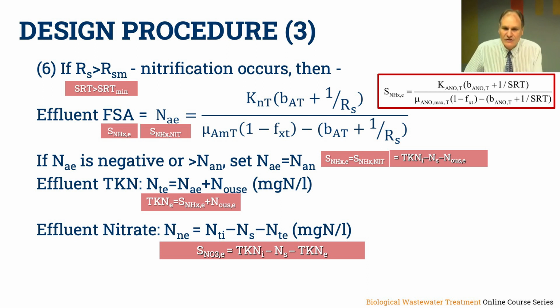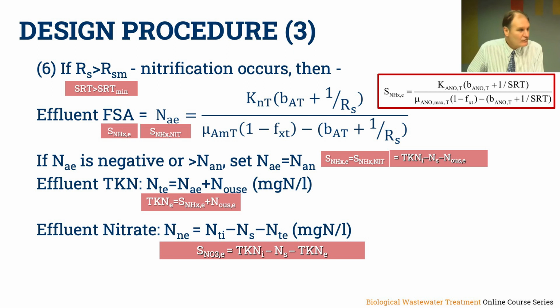But once the effluent ammonia concentration becomes less than the ammonia concentration I have available for nitrification, then we begin to get realistic effluent ammonia concentrations, and we keep that ammonia concentration. The effluent TKN concentration then would be that effluent ammonia concentration plus the unbiodegradable dissolved organic nitrogen.